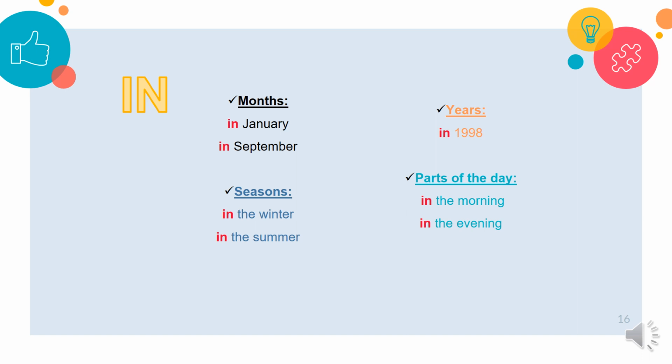For example, 19, we separate the number 1 and number 9, 19. Then we separate the second number 9 and the number 8. So we have 1998. Okay?